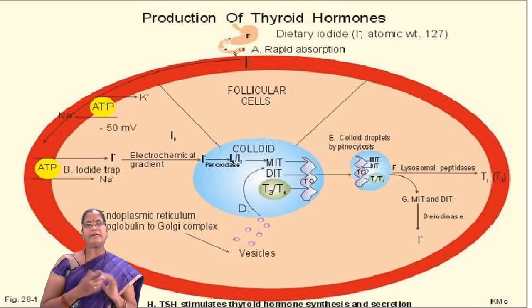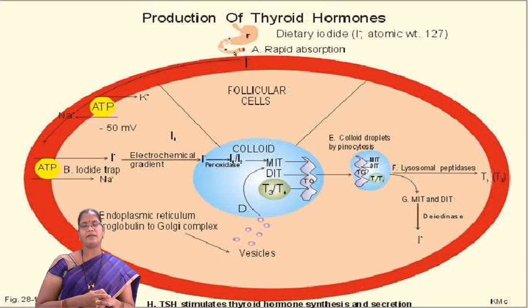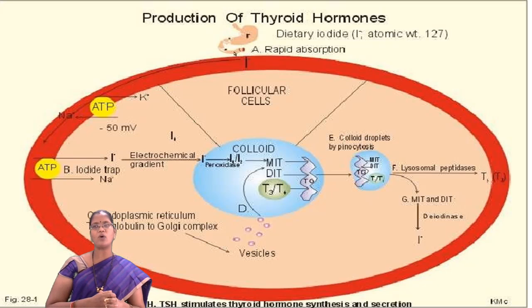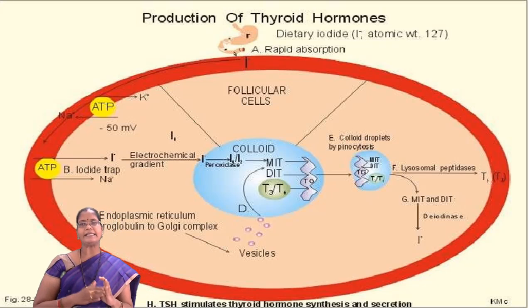When there is a need for thyroid hormone release, a stimulus will be reached, and immediately the lysosomal peptidases will act on the thyroglobulin protein and digest it. As a result, MIT, DIT, T3 and T4 will be released.